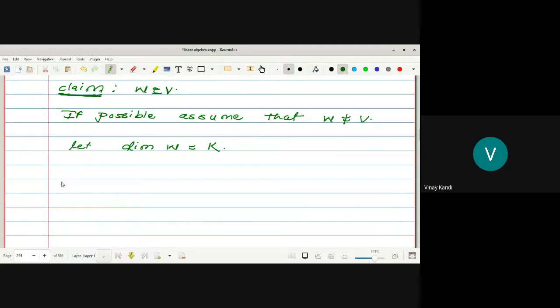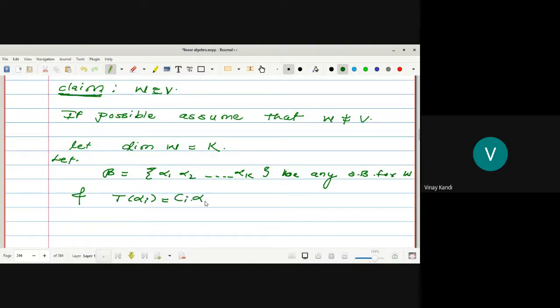Let the basis beta, that is alpha 1, alpha 2, up to alpha K, be any ordered basis for W. And what we have, T of alpha I is equal to Ci into alpha I, where I goes from 1 up to K.